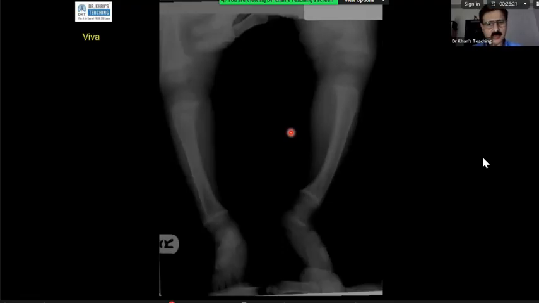How do you explain that? Diagnosis? Okay, so this is a case of congenital syphilis. Congenital syphilis. So what is the appearance here of the distal epiphysis and the metaphysis?